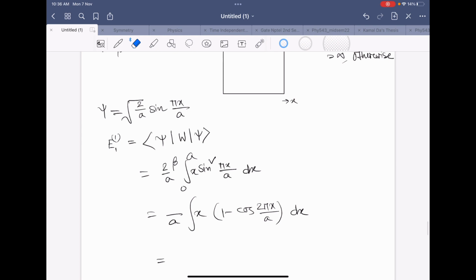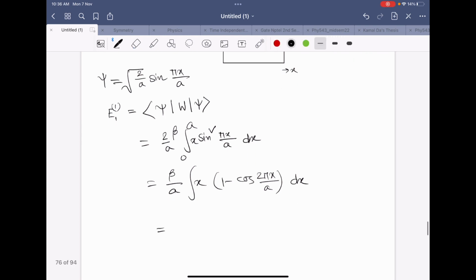So beta by a, integral of x dx minus x cos 2 pi x by a dx. Limit is from 0 to a.